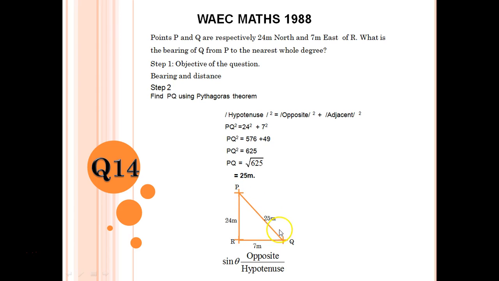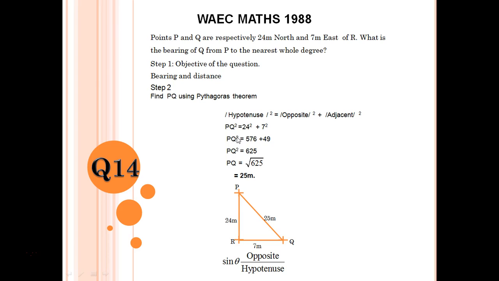And how do we find this PQ? We use the Pythagoras theorem. Pythagoras theorem says that hypotenuse squared is equal to opposite squared plus adjacent squared. The hypotenuse is PQ, which is what we are looking for. So PQ squared is equal to 24 squared plus adjacent, which is 7 squared.